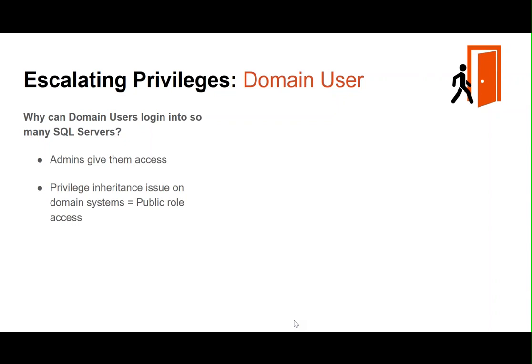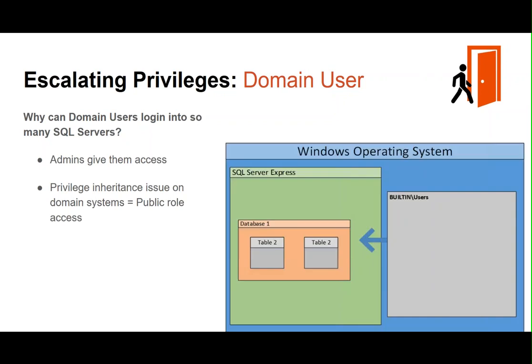The second is a privilege inheritance issue that exists with SQL Server Express that gives domain users the public role on the server. And kind of the way this works is when you install SQL Server, say on a domain system, Express by default won't have the listener open, but most people will open it for development to support their 2 to 3 tier applications. And by default, the local built-in users have the rights to log in, which doesn't seem like a big deal.